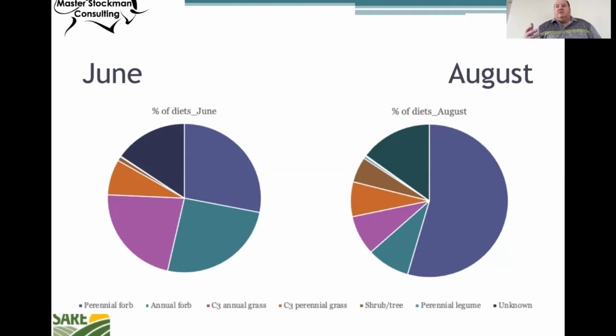There's so many things that we could find out from this information. But if you look, from June to August, the perennial forbs really changed immensely in what they were eating. So did the annual forbs, and how the grasses were utilized at different times of year is really interesting to me.